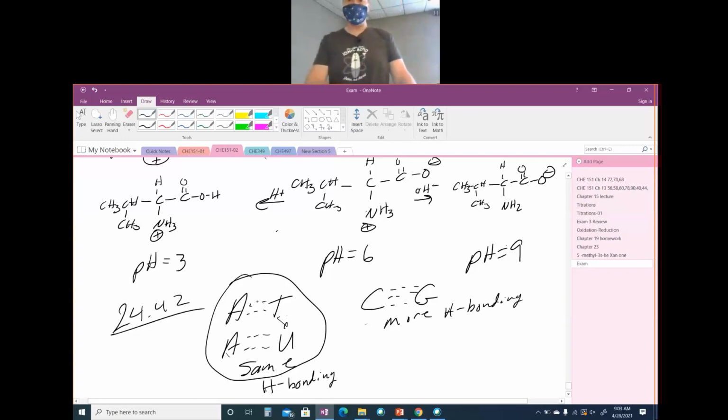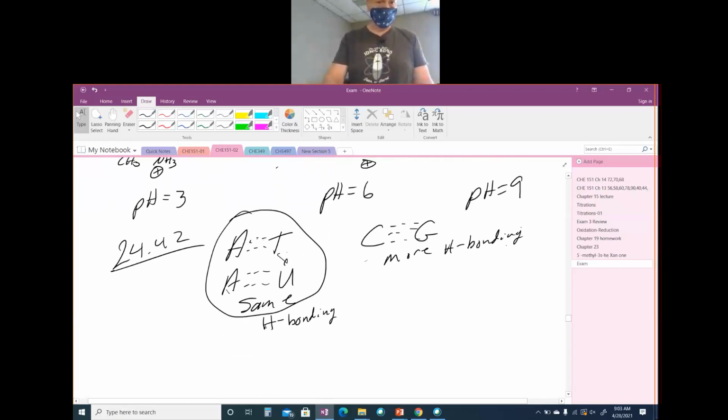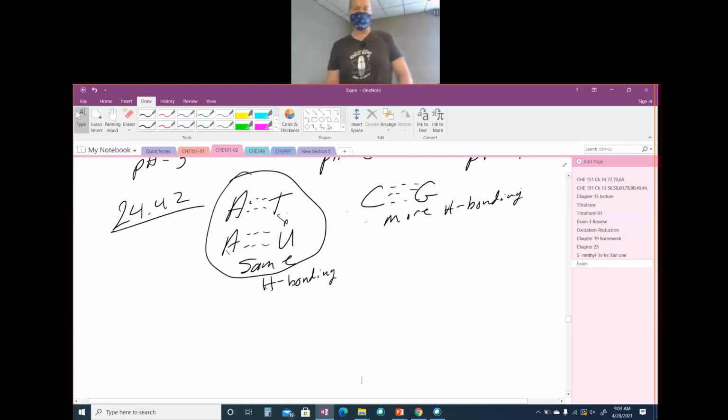It has 3 hydrogen bonds holding it together versus the AT or the AU, which has just 2 hydrogen bonds holding it together. The dots between those letters indicate hydrogen bonding. So you have hydrogen bonding 3 times here, and 2 times here, 2 times here.